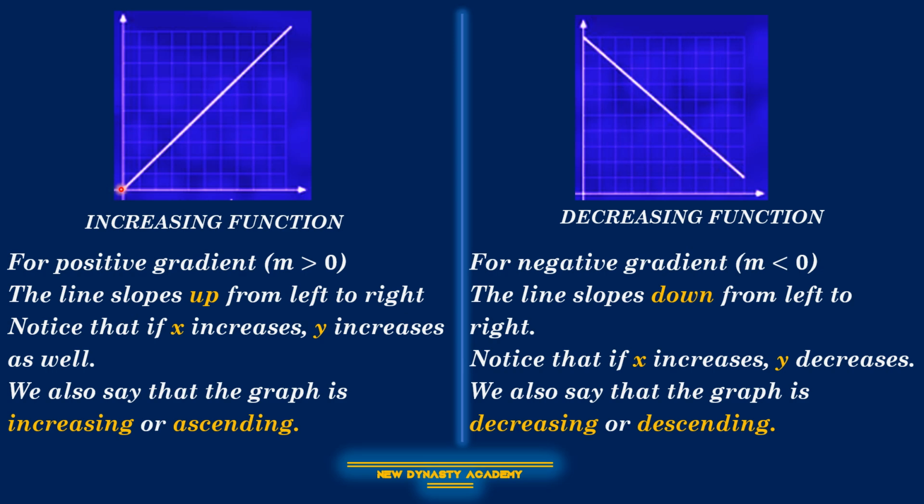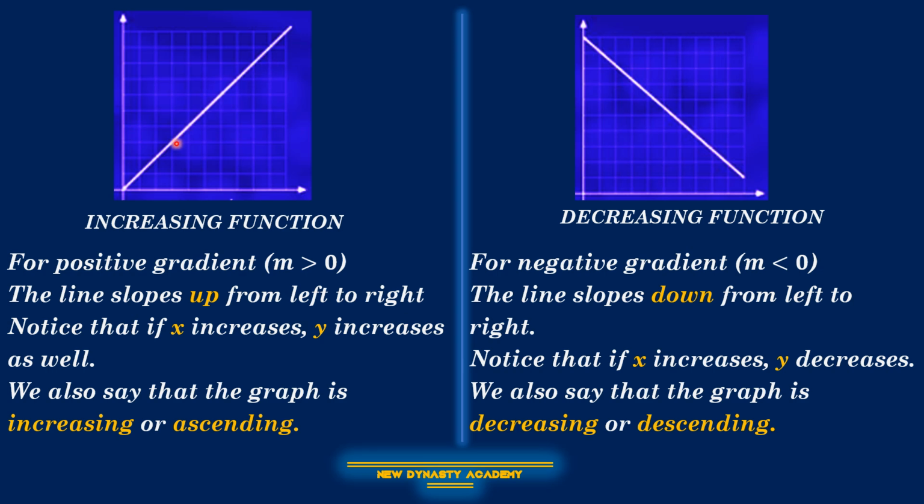Now, continuing with the gradient, we have here the graphical representation of what we read in the previous slide. We can see here we've got the increasing function. In the increasing function here, we say that our gradient is positive. That shows the positive gradient. Now the line slopes up from left to right.